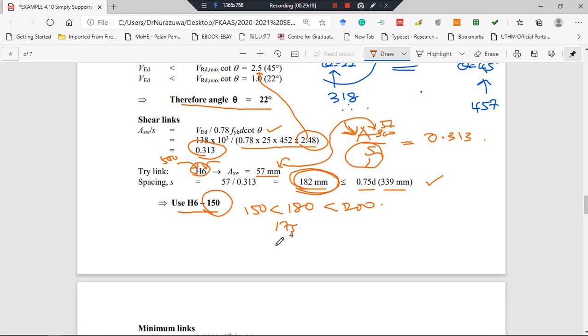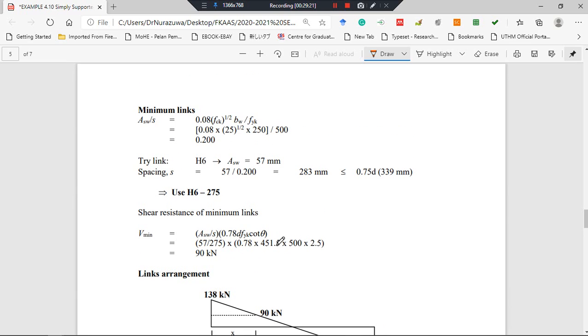Next is the minimum links. Why do we need minimum links? You need to check minimum links. This is the minimum links, and we get the ASW over S for the minimum link equal to 0.20.